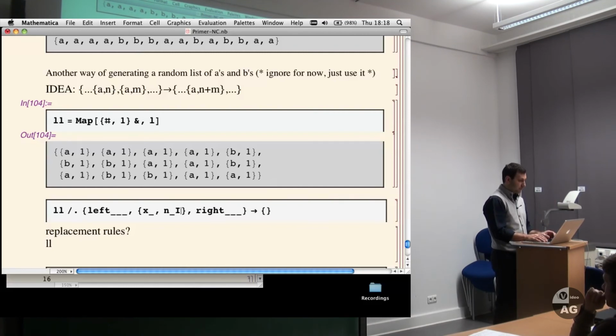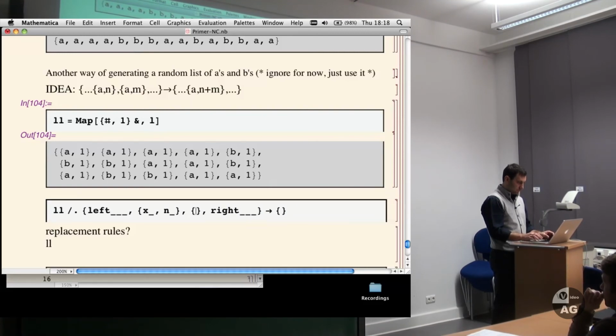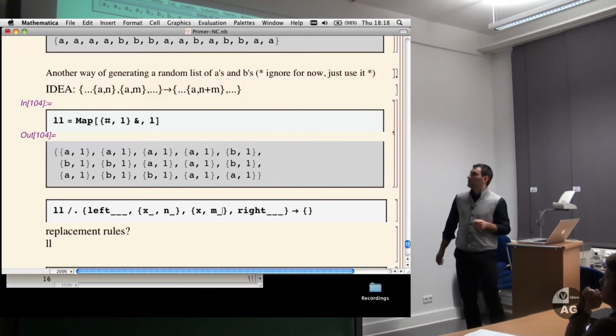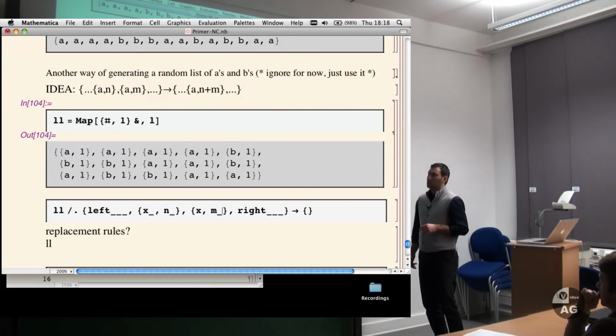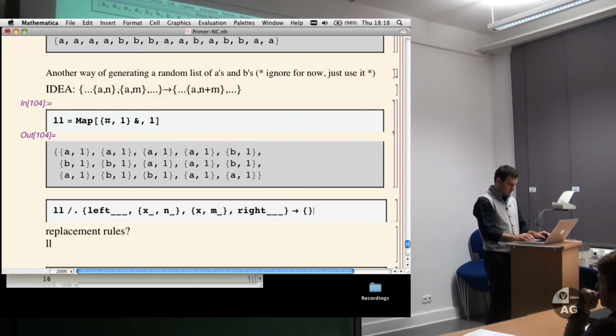But yes, absolutely. You're right. Okay, and another list of x without underscore and m underscore. This goes to left, x, n plus m, right.